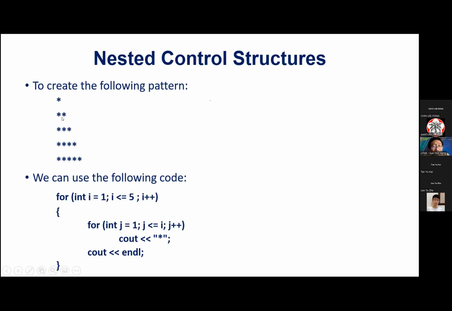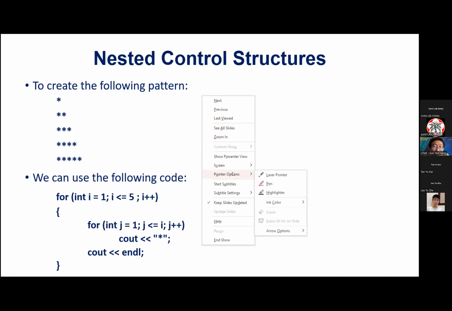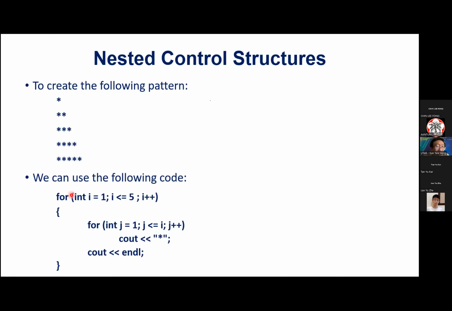Therefore, the number of stars printed for each line will depend on the inner for loop here. The outer for loop will determine how many lines you are going to print. We are going to print 5 lines, 1, 2, 3, 4, 5.